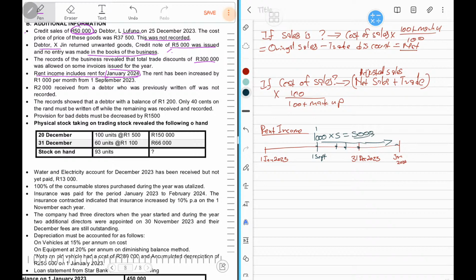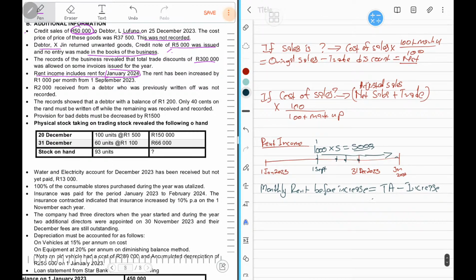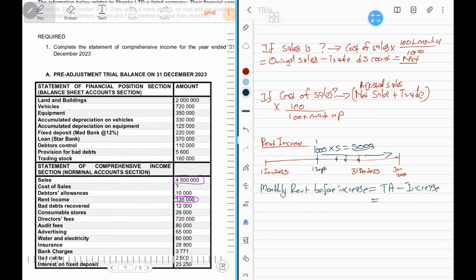It means that to find the monthly rent before the increase, we're going to subtract this amount. So we're going to say the trial balance amount, then we subtract the increase, in terms of increment of amounts, not percentages. If you remember, the trial balance amount for rent was 135,000 here.